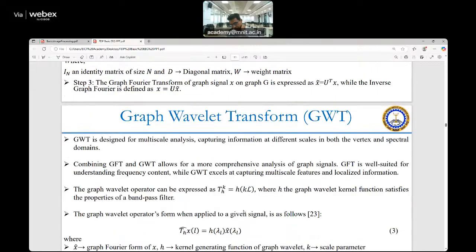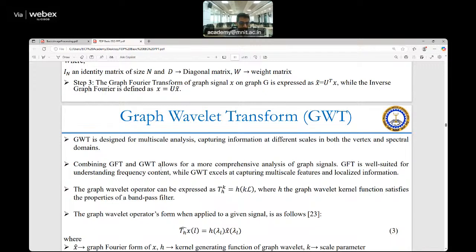In the same way, we can find out the graph wavelet transform. What is available in the graph wavelet transform? It is basically the wavelet function, where the wavelet is the basis. It is designed for multi-scale analysis, capturing information at different scales in both the vertex and spectral domain.